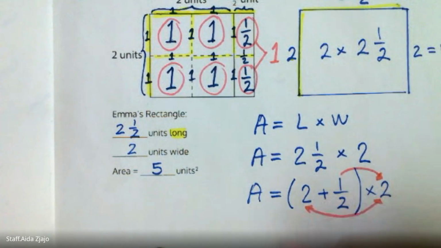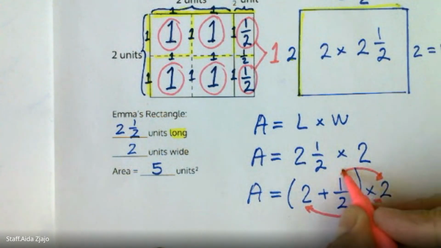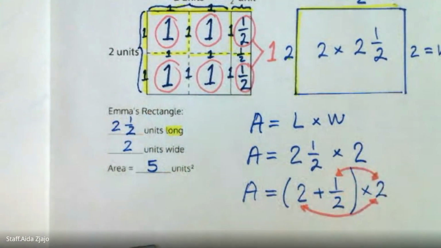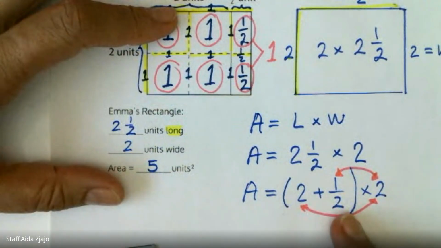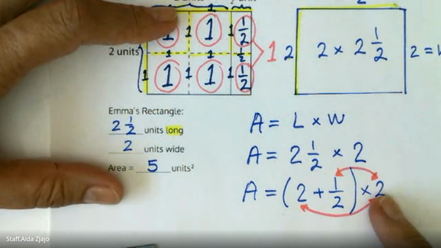2 times 2 is 4, correct? And then you can also think about 2 times 1/2. So either way, you're going to multiply every number from the parentheses with this factor.